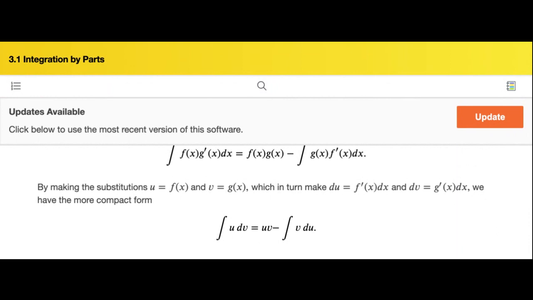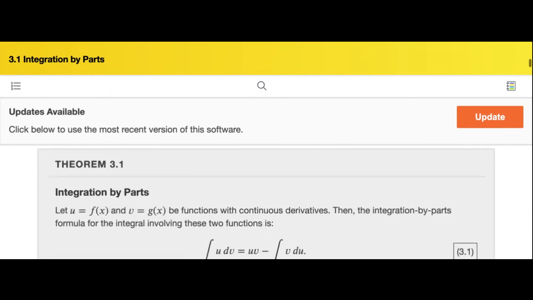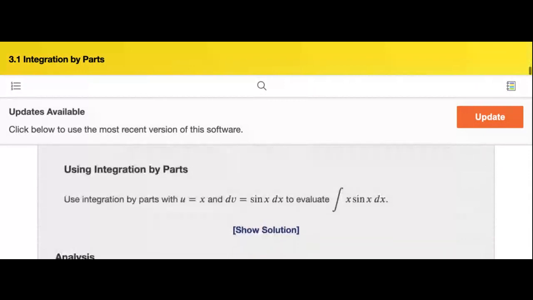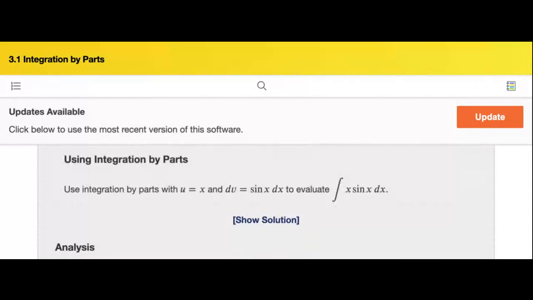Now this is very abstract. Let's use the example. In this example, we want u to be x, because when we take du, we just get du equals dx. Then dv equals sine x dx.